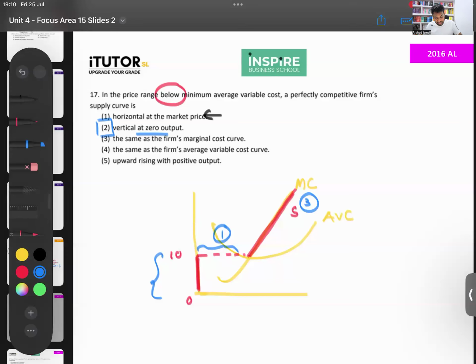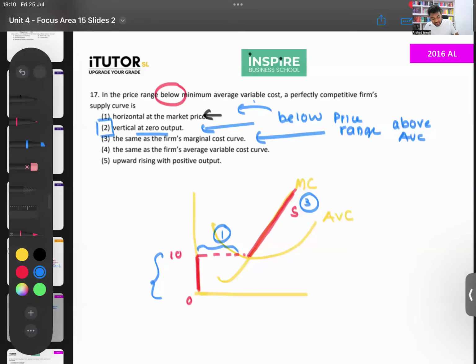So in the price range above ABC, that is answer number 3. Price range below ABC, that is what they're asking, that is answer number 2.